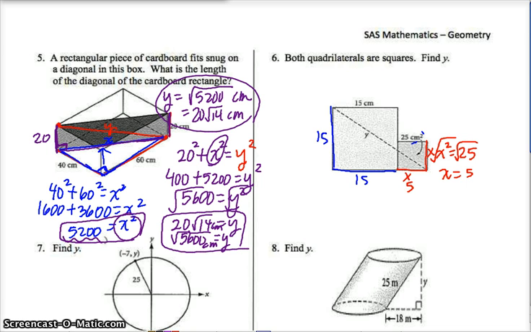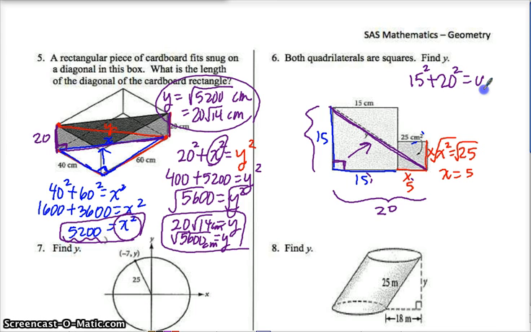Well, if we combine, this is 15, this is now what? Well, that's 15 plus 5, so this whole length is 20, and we're trying to find the diagonal. If both of these are squares, then that means we have a right angle right here. So this is my hypotenuse, so 15 squared plus 20 squared equals that diagonal squared.